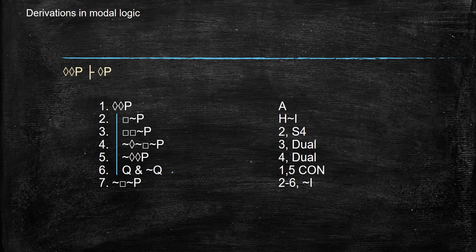So go ahead and throw in a little Q and not Q with con, just so you don't have to write all those operators out. And finish it up in the usual way. Not necessarily not possible P, and that by dual converts to possible possible P.